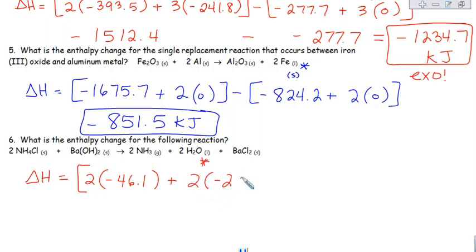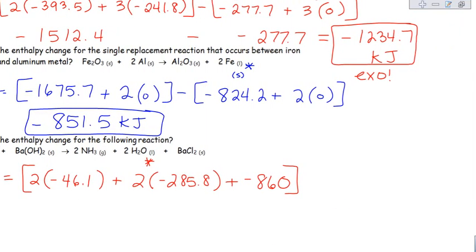Negative 285.8. So it's a little bit different than the combustion, where I used water vapor. And then I have barium chloride, negative 860. Okay, so here are all of my products. I'm going to need some more room. Products minus reactants.